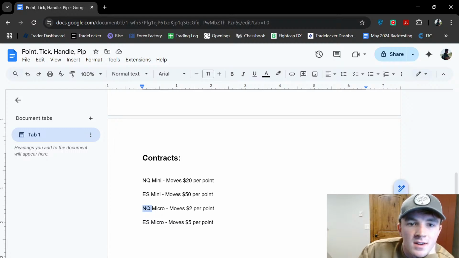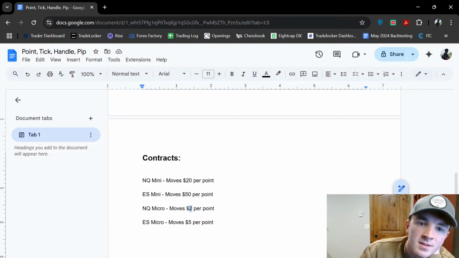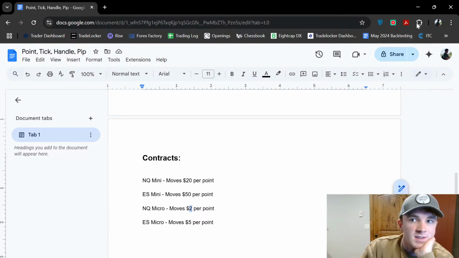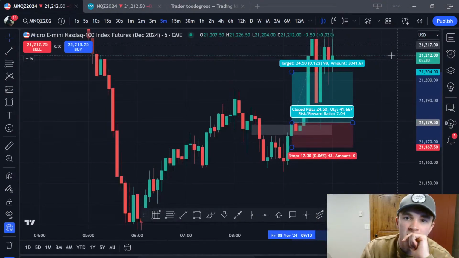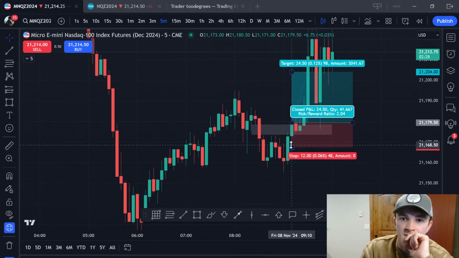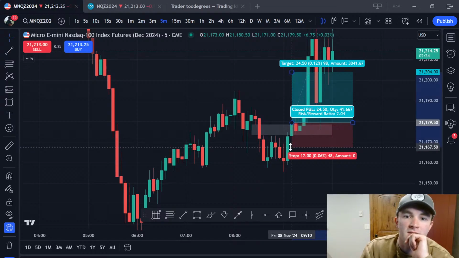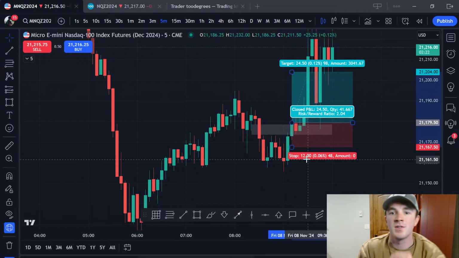So NQ Micro moves $2 per point. What I need to do is, the math might be kind of annoying, but $2 per point. If I see that my stop loss is 12 points, I'll just have to know that this is 24.